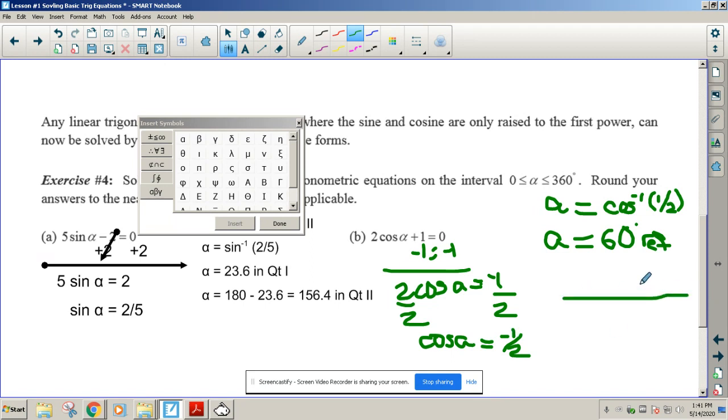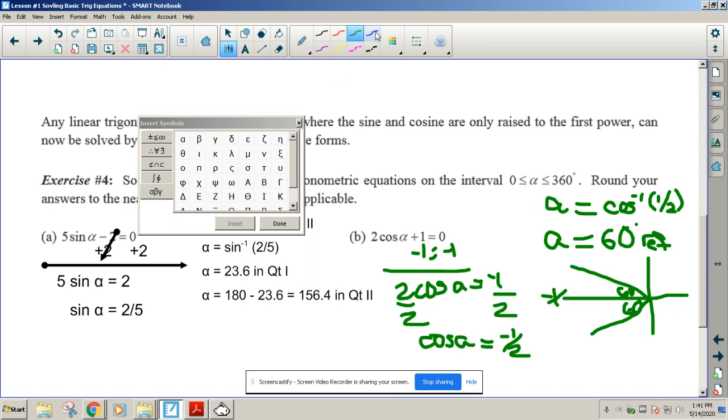So again, let me draw this one out with the pen. Cosine is negative in quadrant 2 and quadrant 3 because of the x. So here's my 60-degree reference angle in quadrant 2, and here's my 60-degree reference angle in quadrant 3.